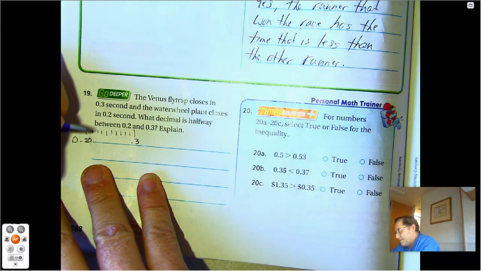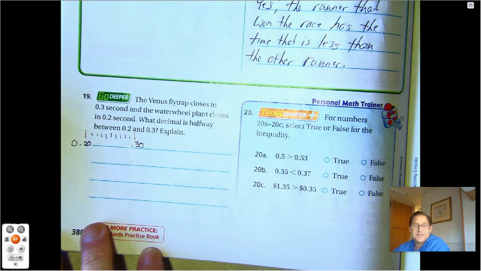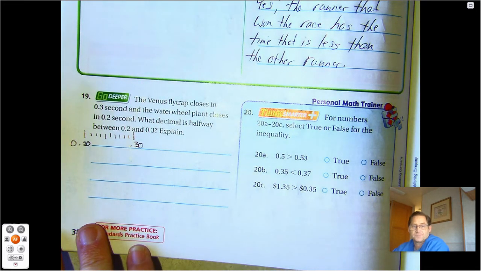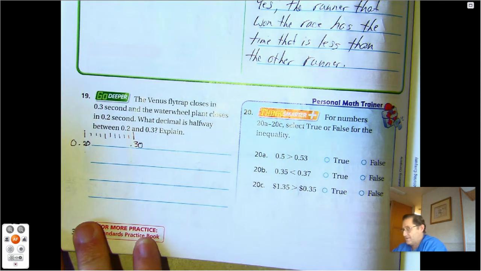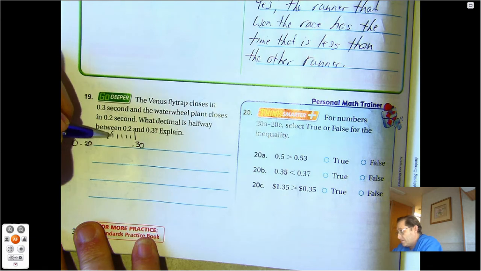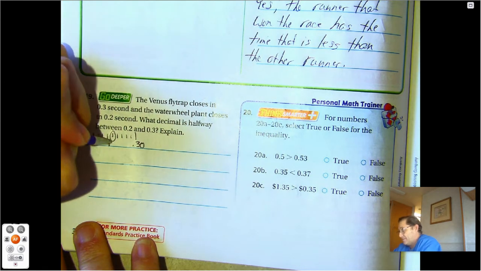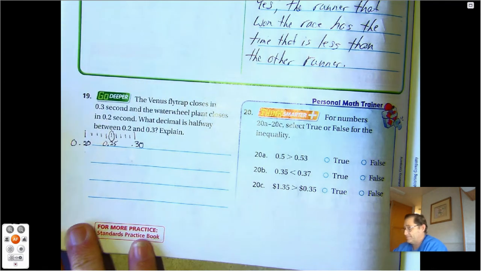But if we think of that as 20 hundredths and 30 hundredths, what would be exactly between 20 and 30? 25. 20, 21, 22, 23, 24, 25. Okay.